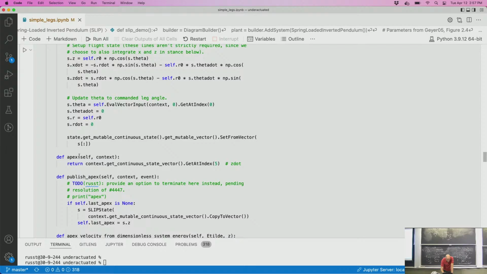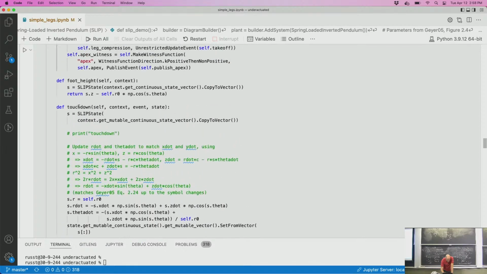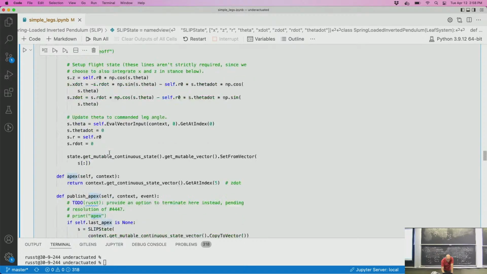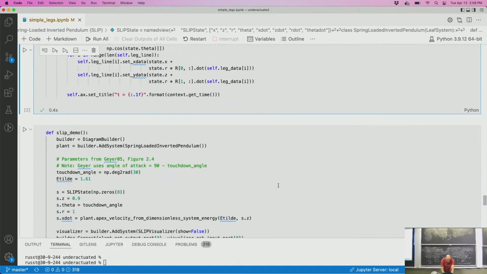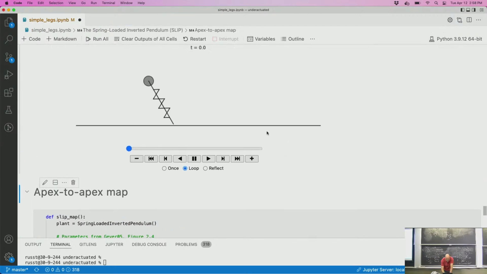So I have the dynamics of takeoff, of leg compression, of touchdown. I have all these little computations, and I say an event happens when there's a touchdown event, a takeoff event, an apex event. So if you want another example of declaring a hybrid system, this is a reasonably simple and good example.